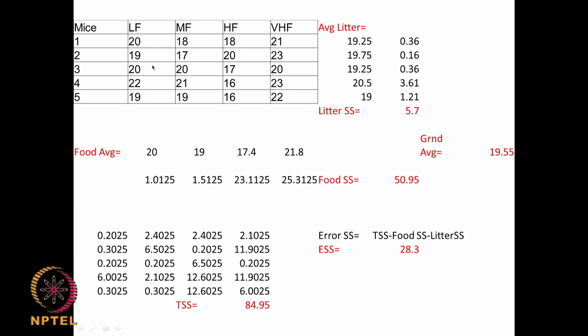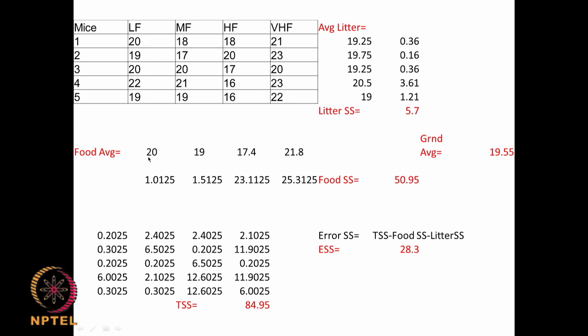This is an indication of the litter of the mouse. So, 19.25 is the average of these 4 items, 19.75 is the average of this row, and so on. And when I take an average of all these, I should get the grand average. Now, we have a food average, and we have the litter or mouse based average.